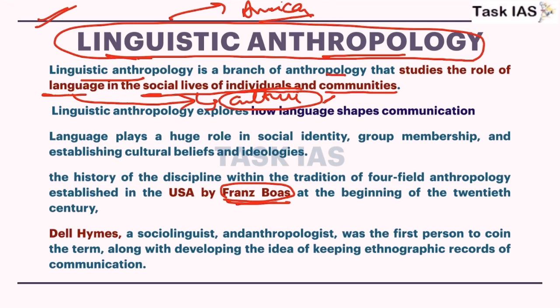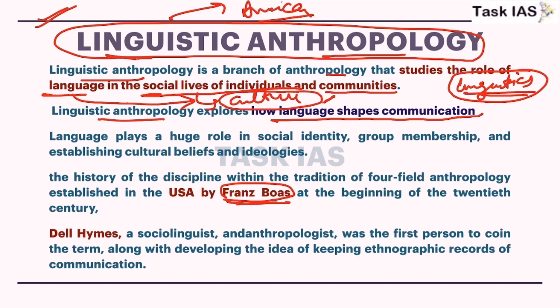Another related word is linguistics, where the focus is more on studying descriptive aspects of language. Now, linguistic anthropology explores how language shapes communication. It plays a huge role in social identity, group membership, and establishing cultural behavior and ideology.